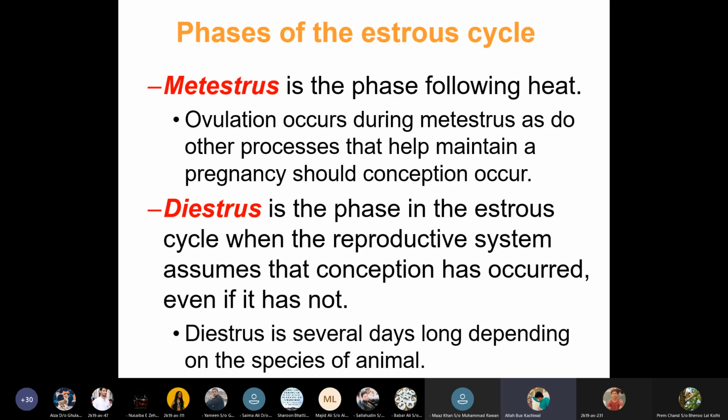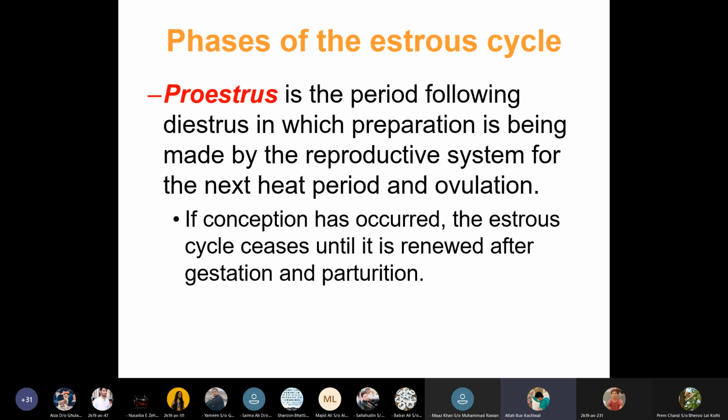Diestrus is the phase in the estrus cycle when the reproductive system assumes that conception has occurred, even if it has not. So diestrus is a phase that goes on for several days, and how long depends on the species of animal. The diestrus period may be prolonged, and it depends again on the species.